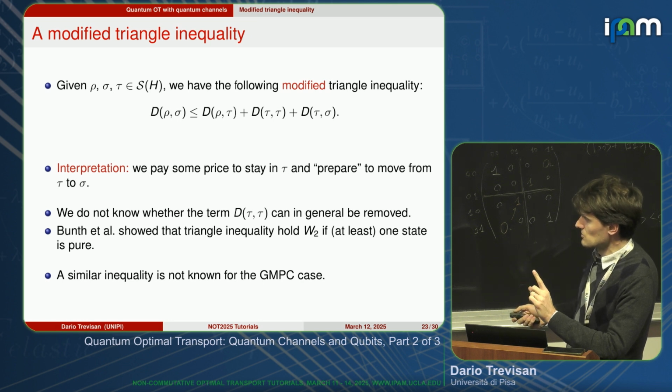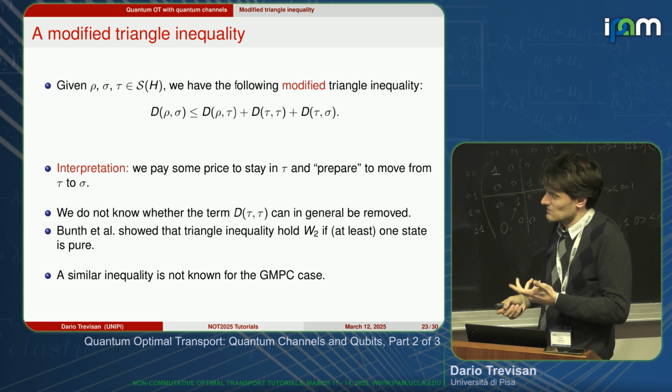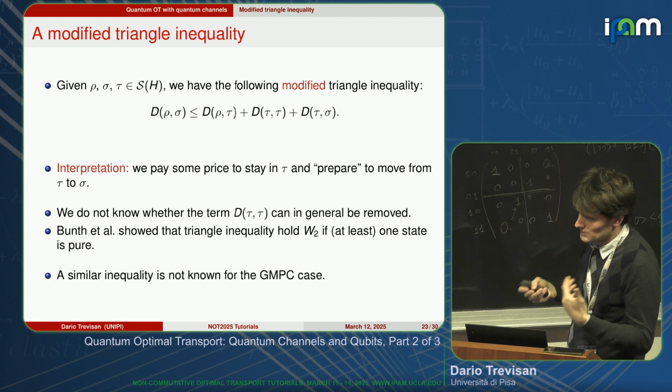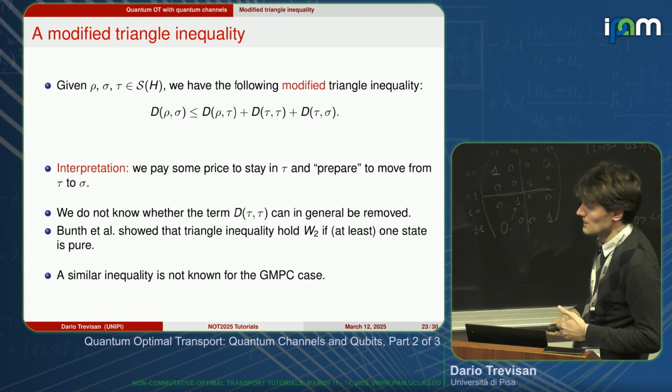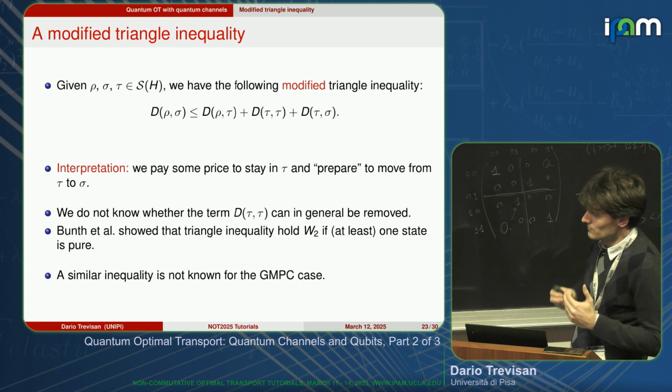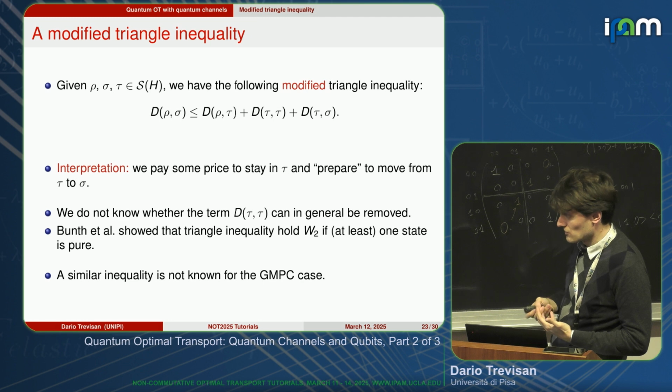But again, this is not interesting because d is not a distance in the sense that the distance from tau to tau may be positive. So the point is, is there a triangle inequality for the W2, the Wasserstein divergence?